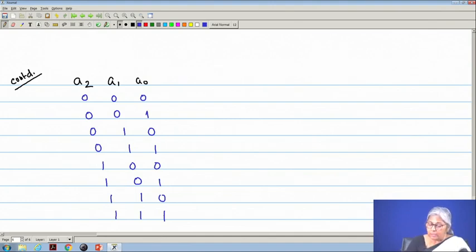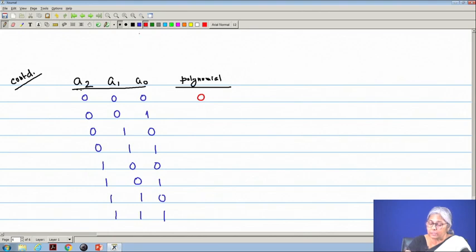So, see, 0 0 0 means, if I now write the polynomials, the polynomial will be 0.